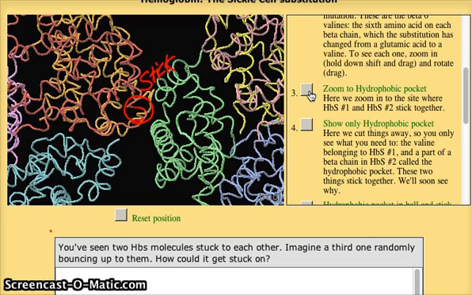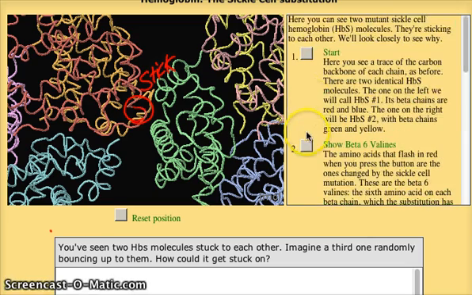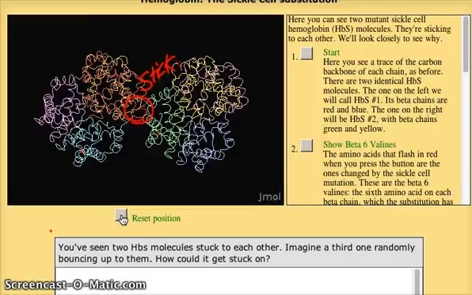Alright, so if we have that, and if we go back up here, and show that they're sticking together, and then if we show all the glutamic acids where they got mutated to valines, there's one up here, and there's another one somewhere, but oh, here it is.